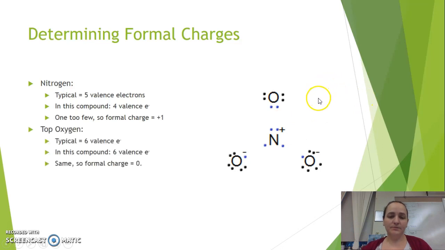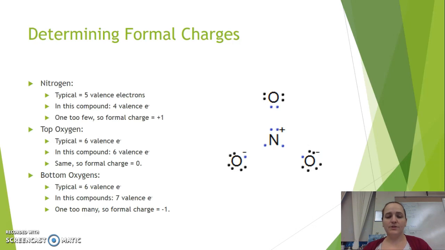The top oxygen is in group 6, so it usually wants to have 6 valence electrons. Here it has 6, 4 from the lone pairs plus 2 from the double bond. The typical number and how many it actually has are the same, so the formal charge here is 0. Now the two oxygens on the bottom, typical is still 6 for oxygen, but these ones have 7.